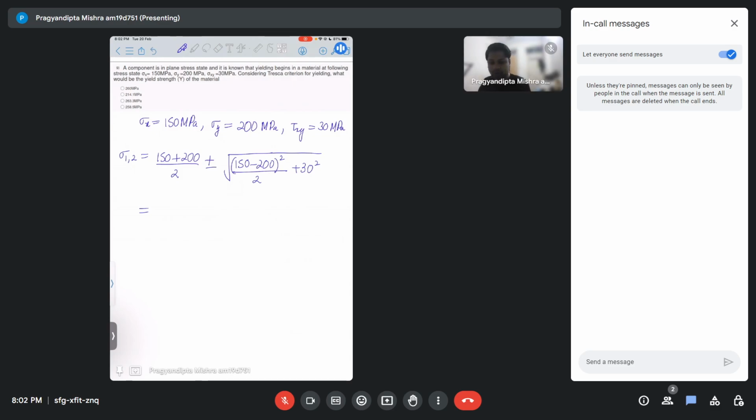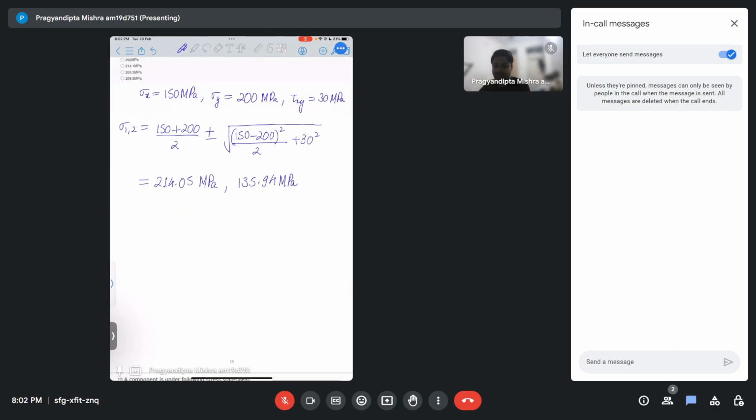So one value I got was 214.05 MPa. So the other one will be negative of something. So let me just put a negative sign and recalculate. This is 135.94 MPa. So we want to take the largest value.